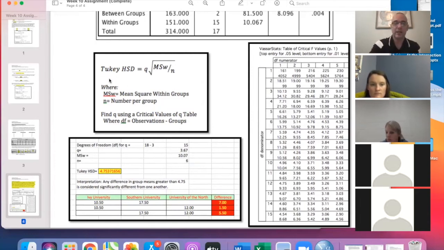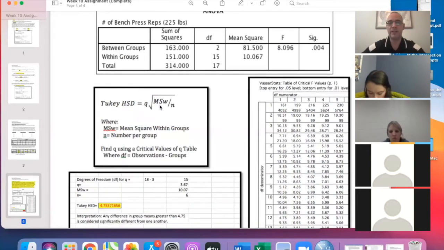When you go into your ANOVA, into your settings, you can tell SPSS to give you the post hoc analyses. It will run that at the same time. I give you the formula here just so that you see how that's done.